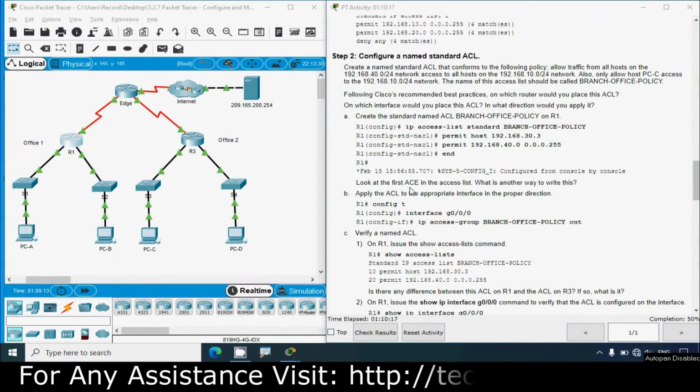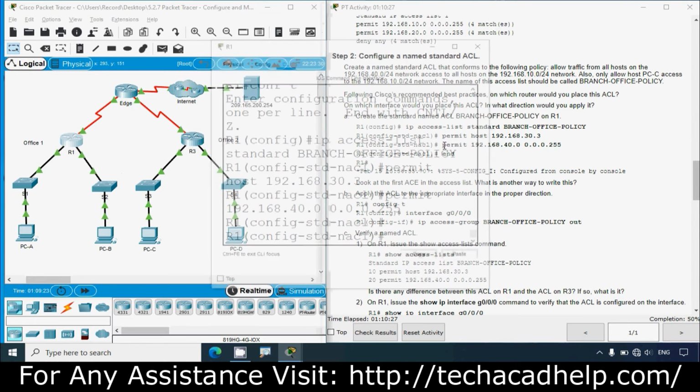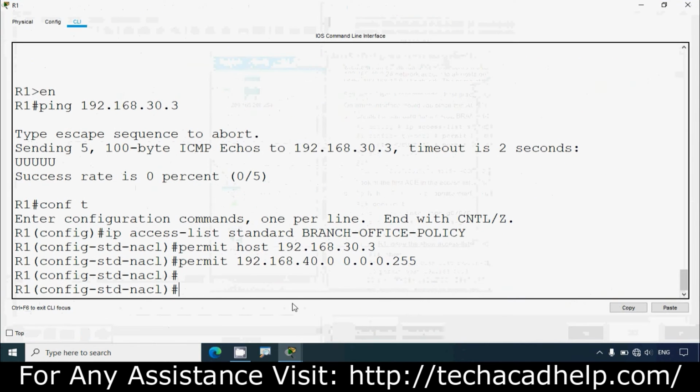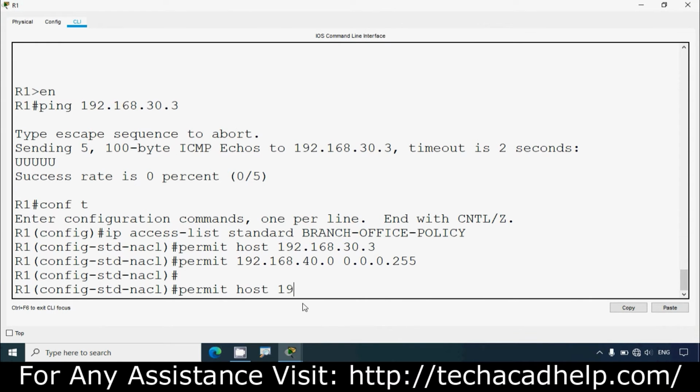Look at the first ACE in the access list. What is another way to write this? So this is the first command we gave, permit host, then its address. We'll go to R1 and check that. Permit, we have host, then we gave 192.168.30.3, then we put a space and a question mark.